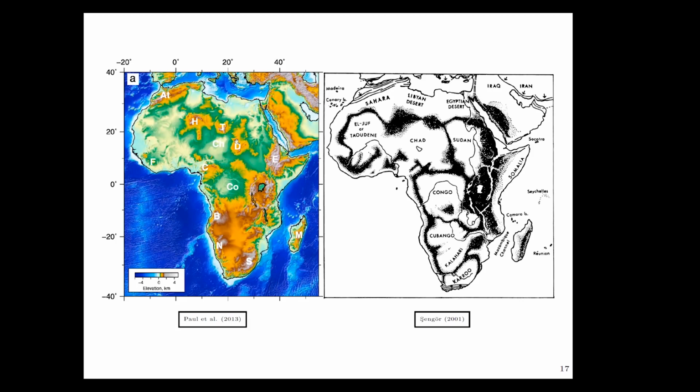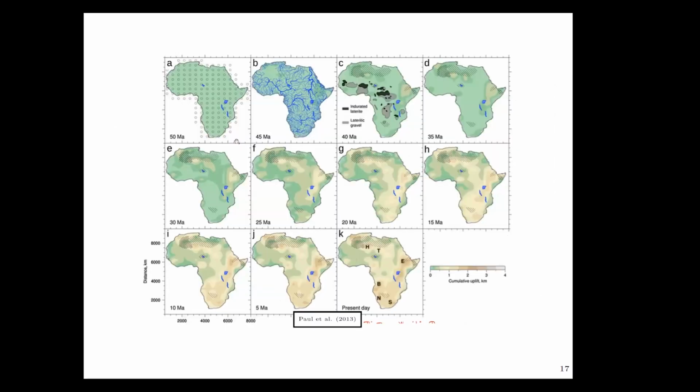Now, again, this is a study from Paul and colleagues that have used the river profiles over Africa under the assumption that prior to 35 or 40 million years, much of the African continent has been low standing, so it's not been at the present elevation.